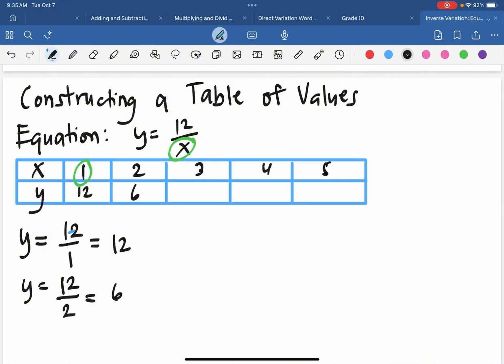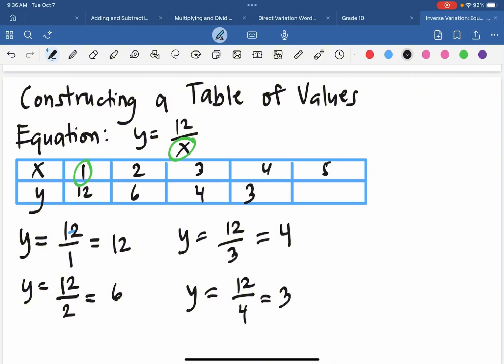So 6. Then y equals 12 over 3, so 12 divided by 3 is 4. So 4, and let x be 4. So 12 divided by 4 is 3.